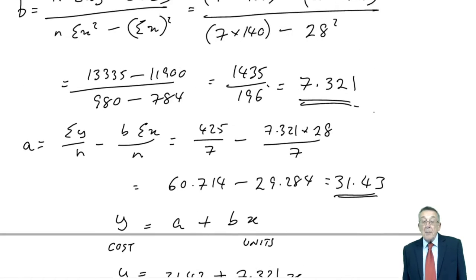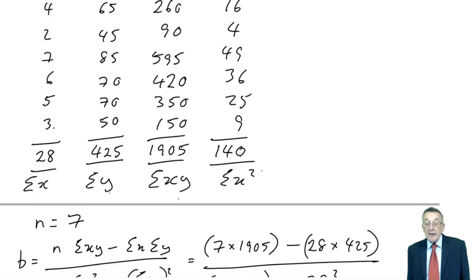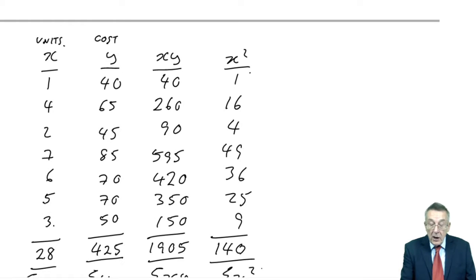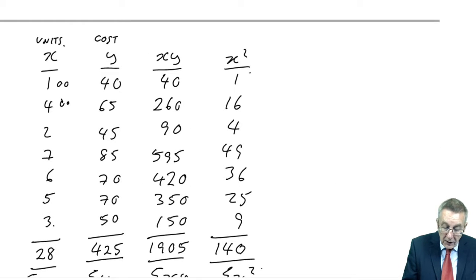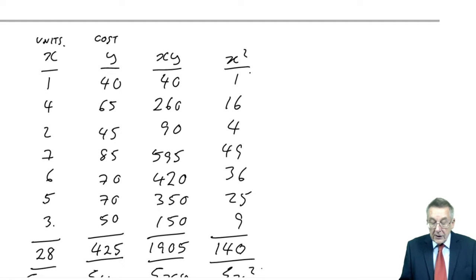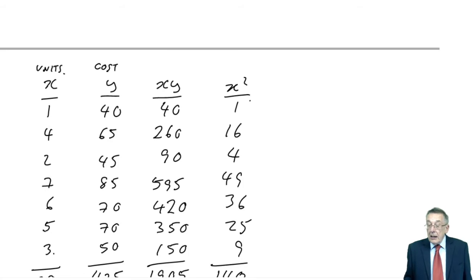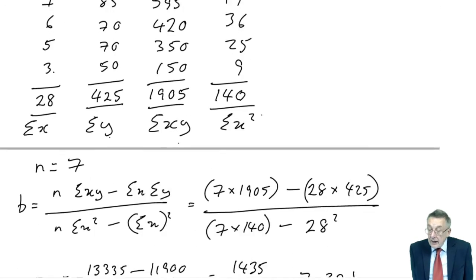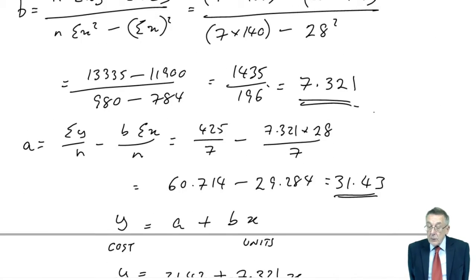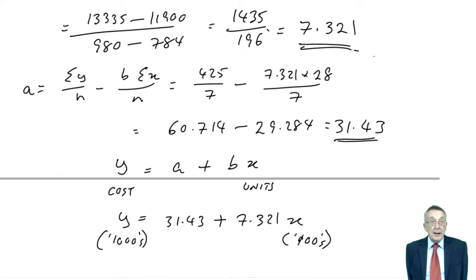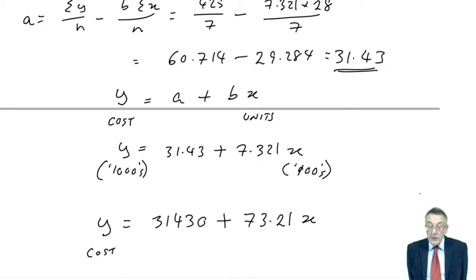Now, if that bit worries you, you can avoid it by, in the original table, having the exact figures. If you'd written 100, 400, and so on, and if you'd written 40,000, 65,000, and so on, then using the formulae, you would have come out with 7,321 for B and 31,430 for A, I beg your pardon.